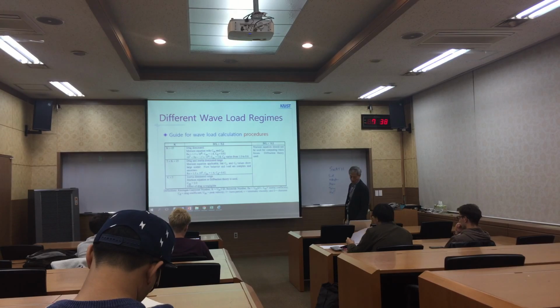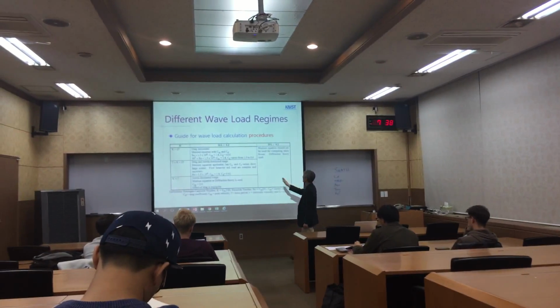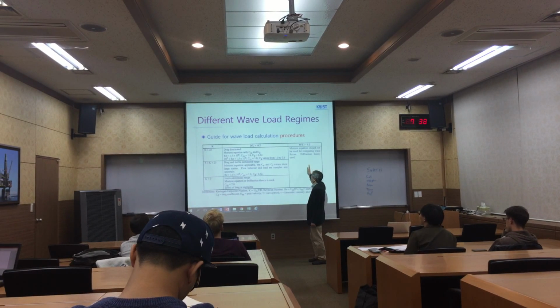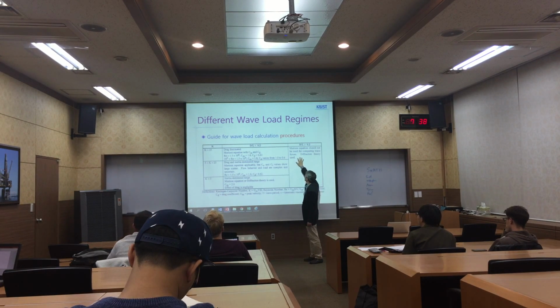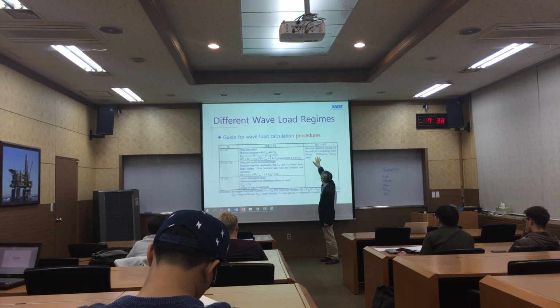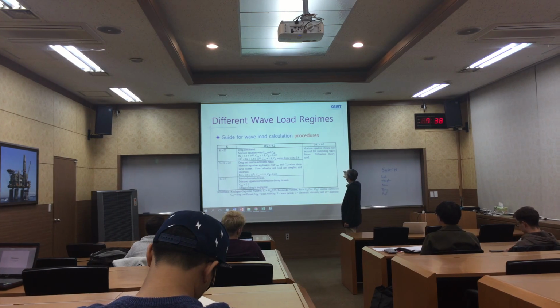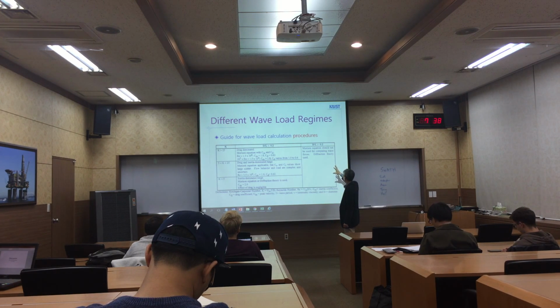When diameter and wavelength are smaller or larger, right? In big water, big waves, the Morison equation will be used, right? No, it should not be used for computing wave forces when the diameter is larger than the wavelength is big, right?